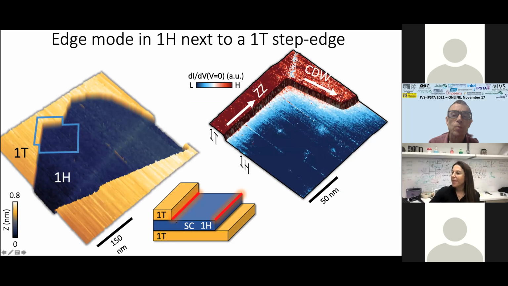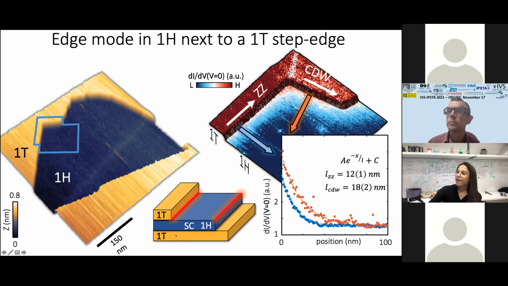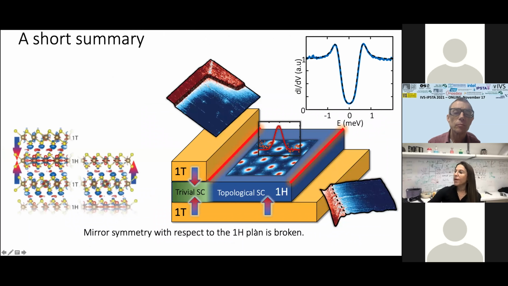One last thing I want to say about this is that, due to the proximity to the 1T below, here we have, from DFT calculation, we found that there is a charge transfer between the 1T to the 1H, and when it happens from both sides, it remains symmetric and there is no net polarization.